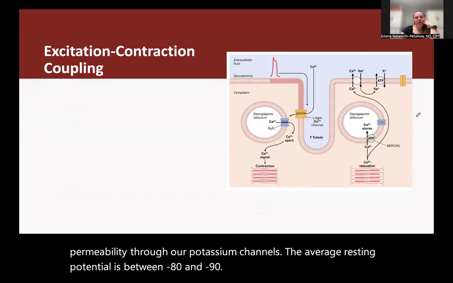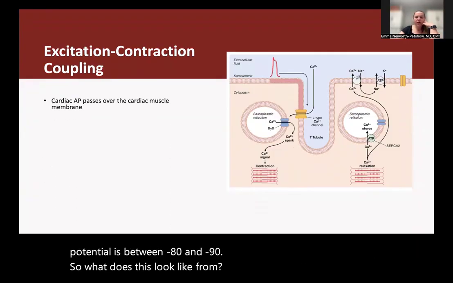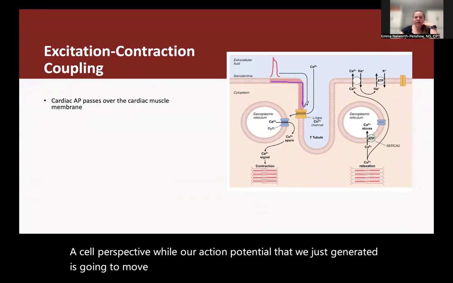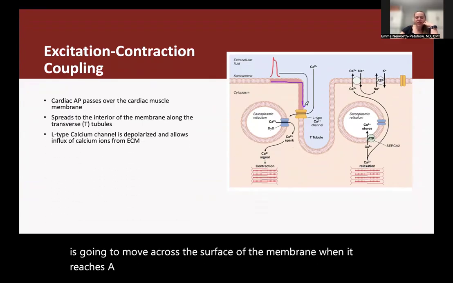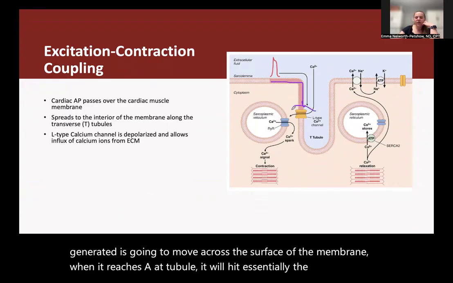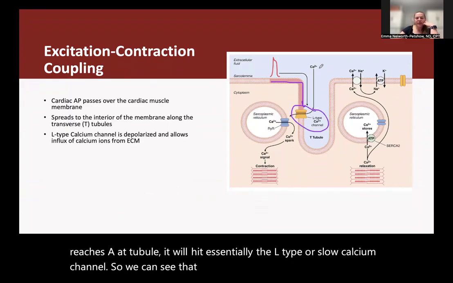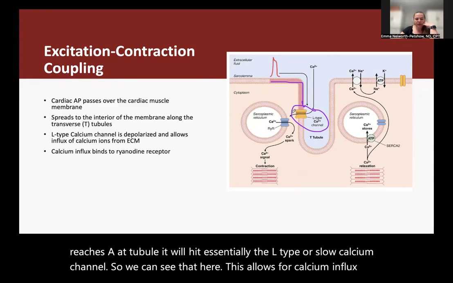So what does this look like from a cell perspective? Well, the action potential that we just generated is going to move across the surface of the membrane. When it reaches a T-tubule, it will hit essentially the L-type or slow calcium channel. So we can see that here. This allows for calcium influx from the extracellular matrix.